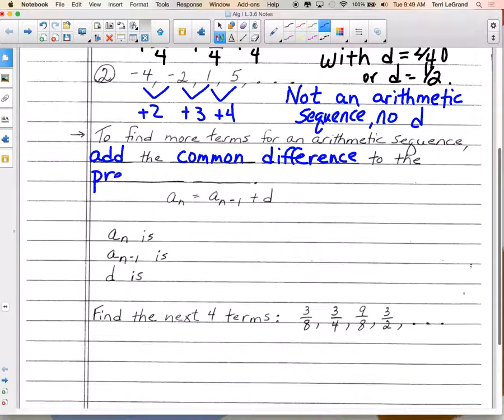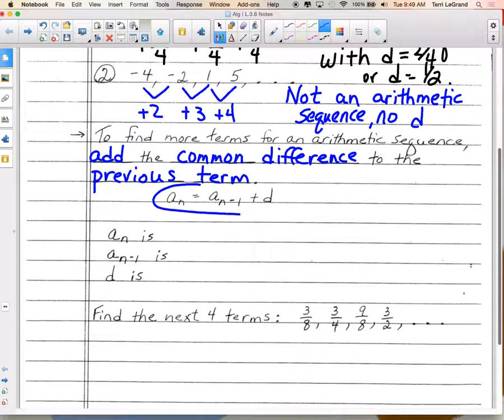The previous term. So if we were going to carry on that arithmetic sequence that we found in the beginning in number 1, the next term, we would add the 2/4, the 1/2, and we would have our next term. So we always just keep adding to the previous term, and that should get us the next term.